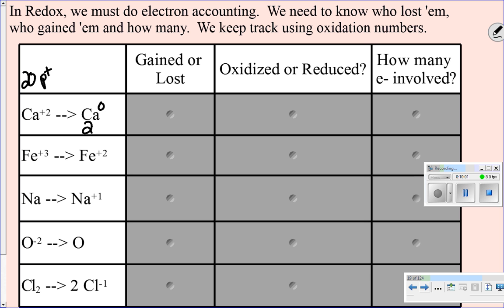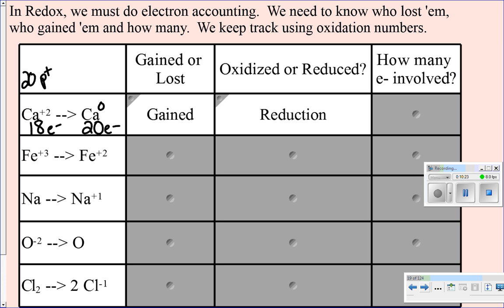Neutral calcium is going to also have 20 electrons. Calcium with a +2 charge, and you can use your periodic table and your electron configuration to help you sort this out, has 18 electrons. So what happens as a calcium ion becomes a calcium atom is we have a gaining of electrons.